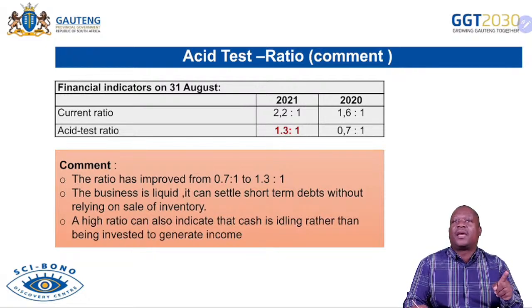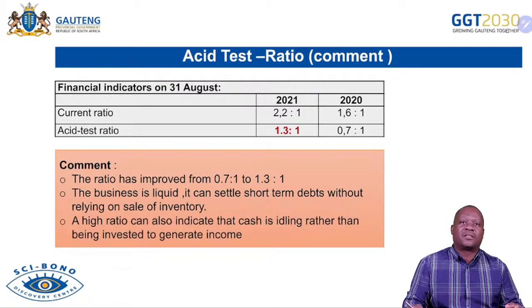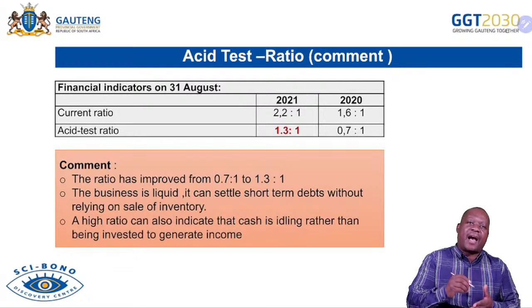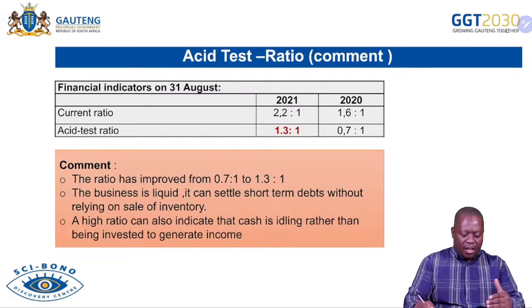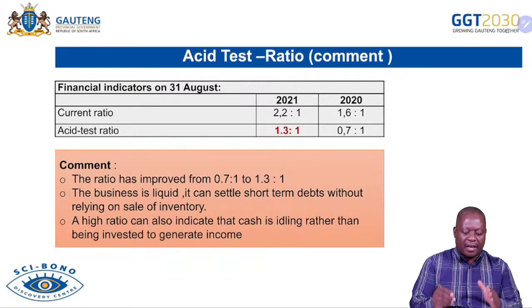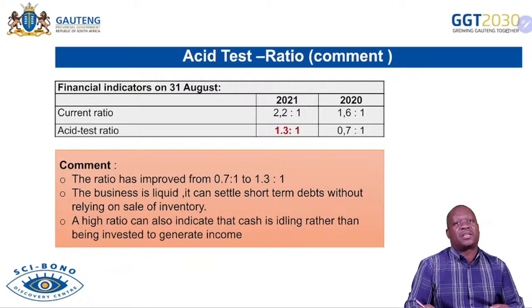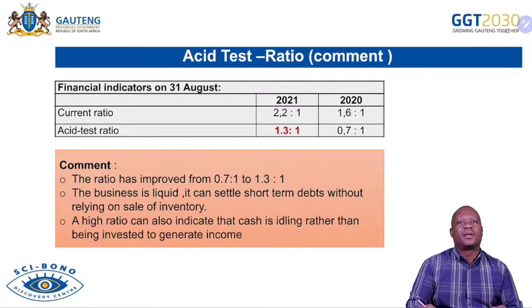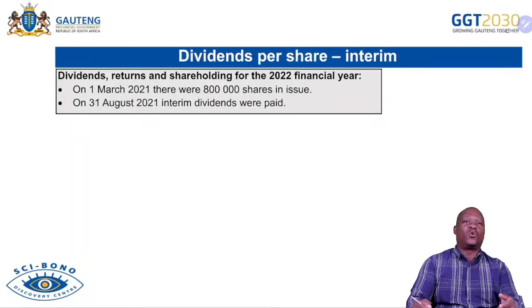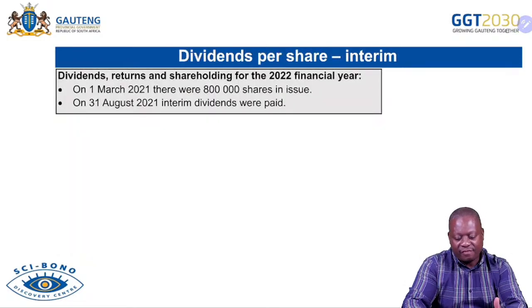It should be out there making money for us. So when we have a higher ratio, 2:1, 3:1, it will indicate that cash is idling rather than being invested to generate income for the business. Very important to note.